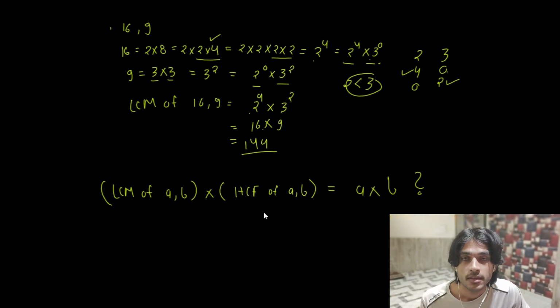Let me give a hint. The answer lies in the fact that in HCF we take the prime numbers with the lowest power, and in LCM we take prime numbers with the greatest power. That means at the end of the calculation, when we multiply both LCM and HCF, we have taken all the powers of primes.